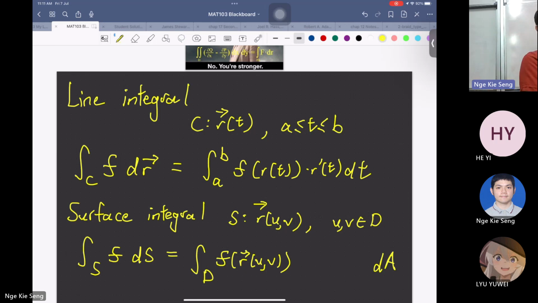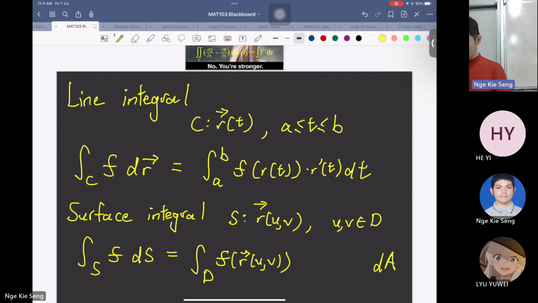So what are the two vectors you need to take here? The partial derivatives with respect to u and v.